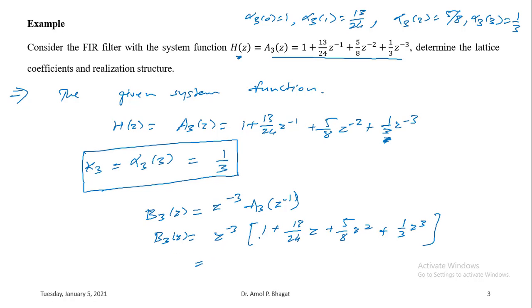And if you multiply it with z to the power minus 3, then you have this 1 by 3, right? Z to the power minus 3 into z cube will be 1. 1 divided by 1 by 3 will be 1 by 3. Then 5 by 8 z inverse plus 13 by 24 z to the power minus 2 plus z to the power minus 3. So z to the power minus 3 multiplied by 1 will be z to the power minus 3. This is b3 of z.